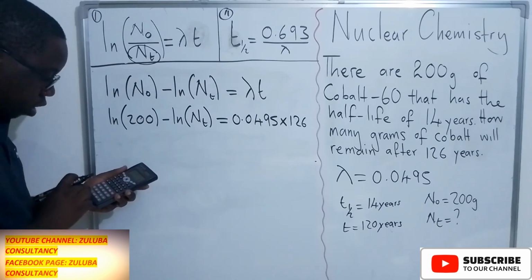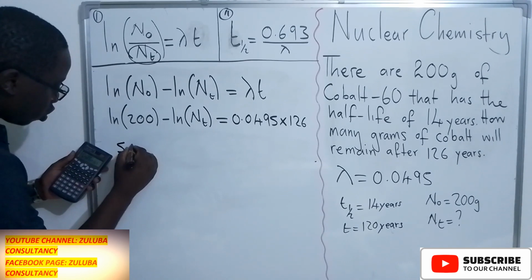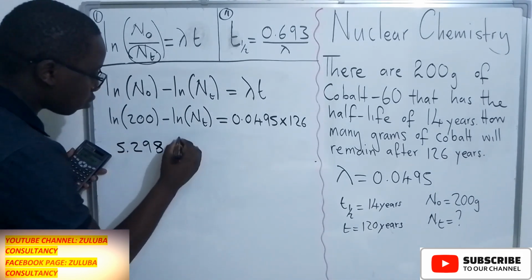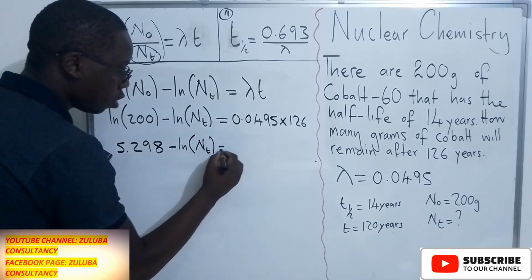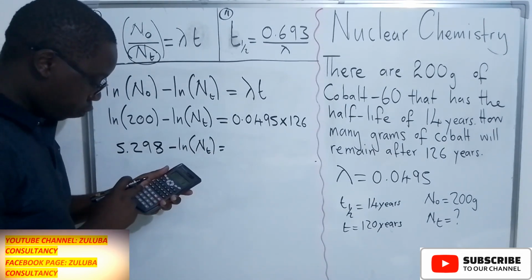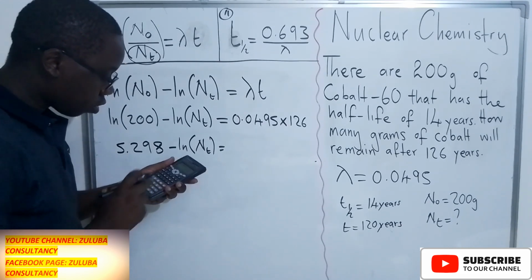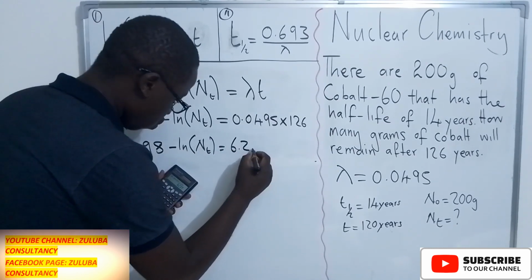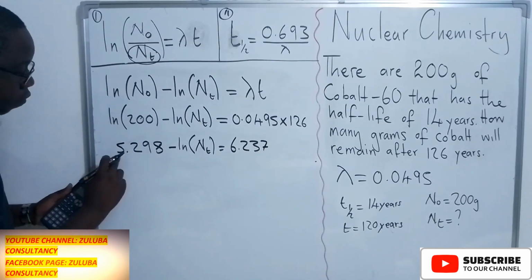The natural log of 200 is giving us 5.298, minus natural log of N_t, is equal to 0.0495 multiplied by 126. It is giving us 6.237.